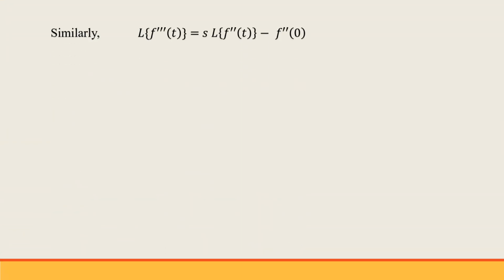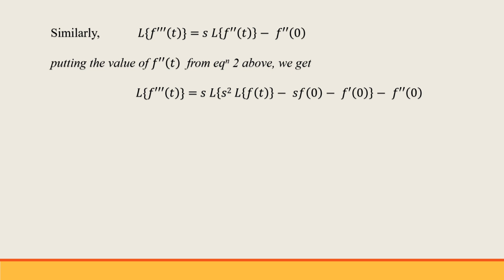Similarly, we can write the Laplace transform of f'''(t) equal to s into Laplace transform of f''(t) minus f''(0). Just as we have done above, again put the value of f''(t) from equation 2 that we have just obtained.